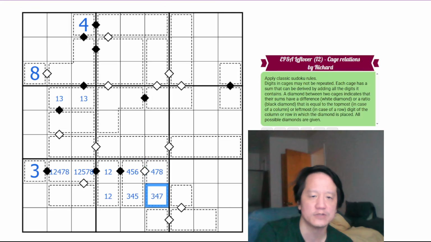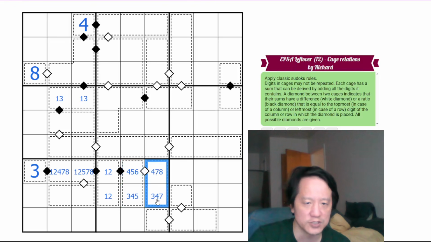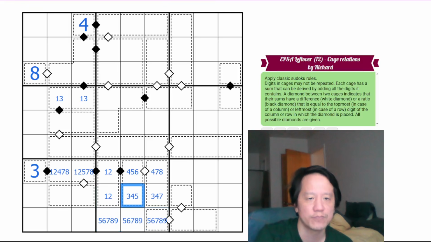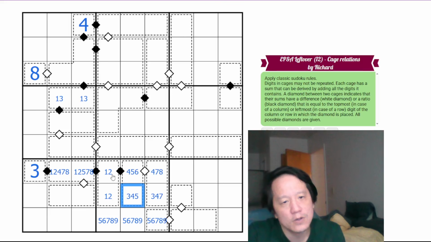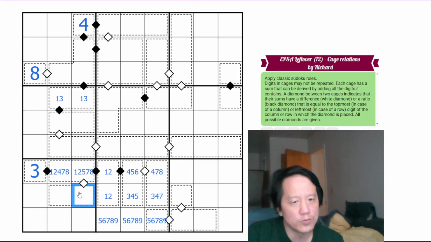So no 3 here because no 8. This is guaranteed to have one digit from 3 or 4. This cage is guaranteed to have one digit from 3 or 4. That eliminates 3 and 4 in the rest of the box. So this is 5 through 9 there. This is 9. This must have a difference of 4 with this.